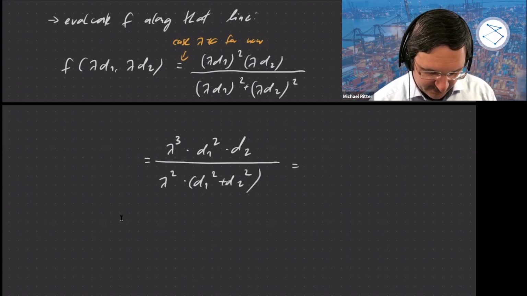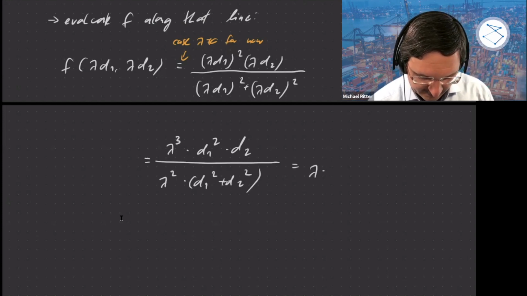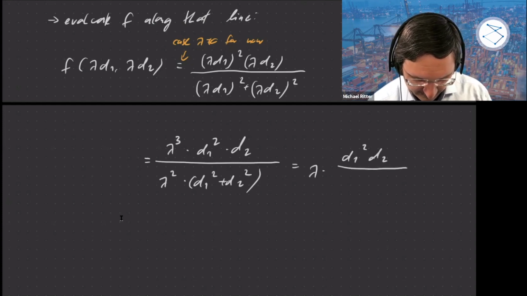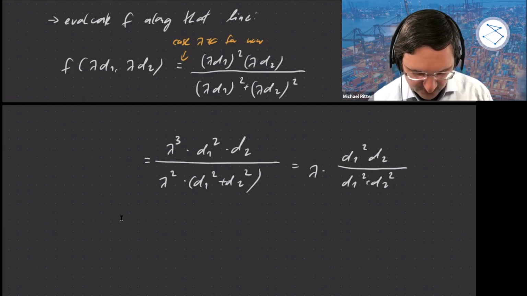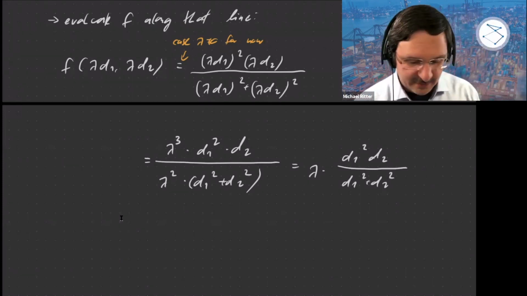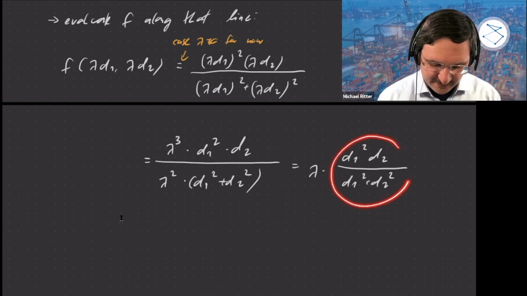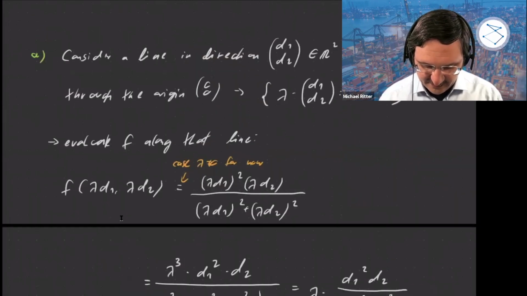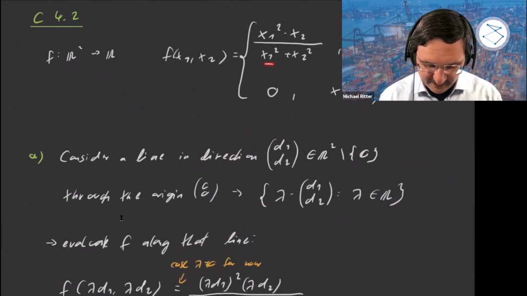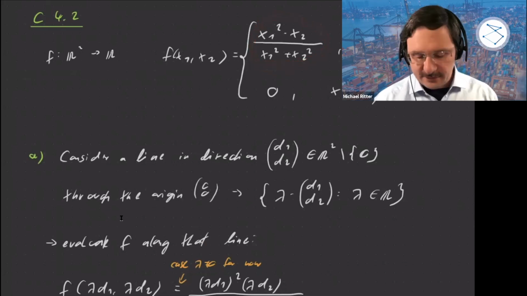And you can see that's simply lambda times d1 squared d2 divided by d1 squared plus d2 squared. And if you look at that closely, you'll see that this here is exactly the definition of f of d1 and d2.